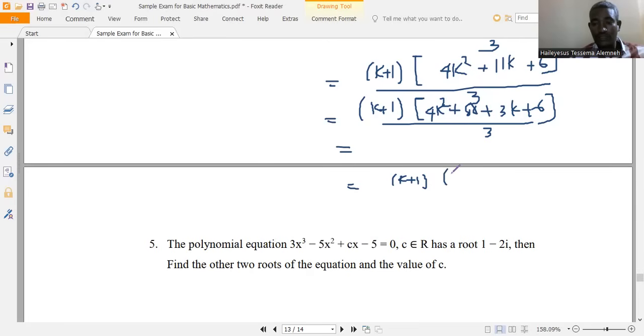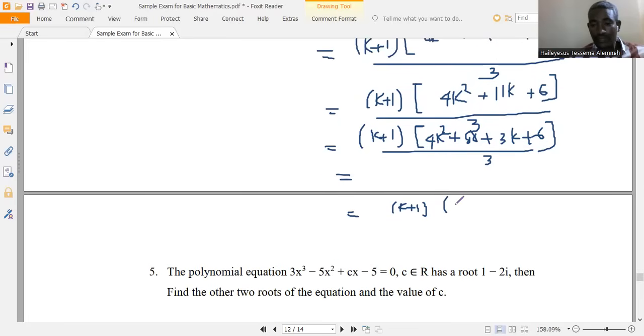What's this one is we can take 4k as a common factor, 4k into k plus 2 is left here, plus 3 as common, k plus 2 is left here too, over 3.